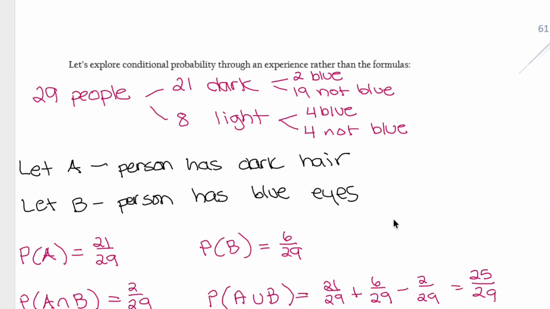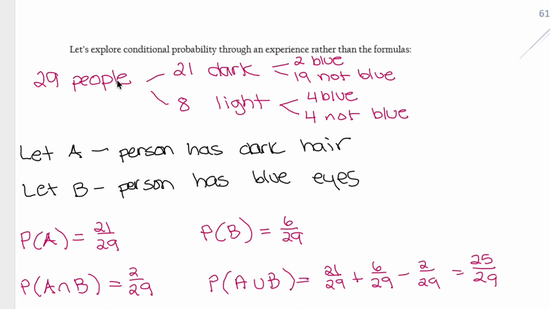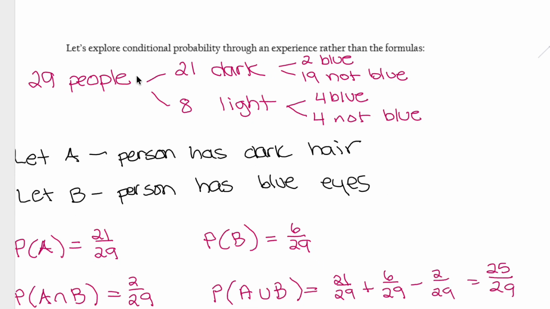And let's explore conditional probability through an experiment rather than the formulas. I know the formulas we've been talking about are kind of ambiguous right now, so let's make it more touchable in real life. This is an experiment we did in class. We counted how many classmates are in the classroom. There are a total of 29 people in that class, 21 with dark hair and 8 with light hair.